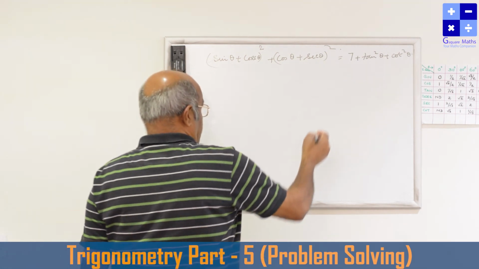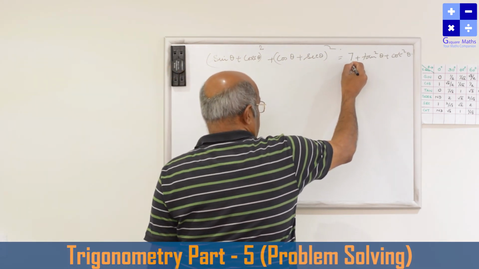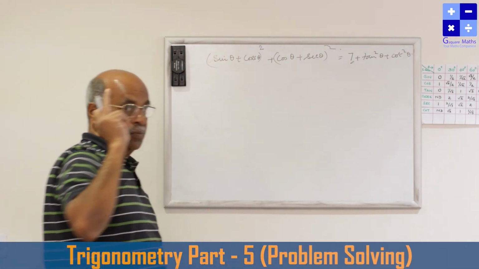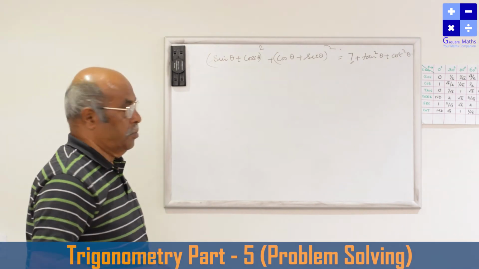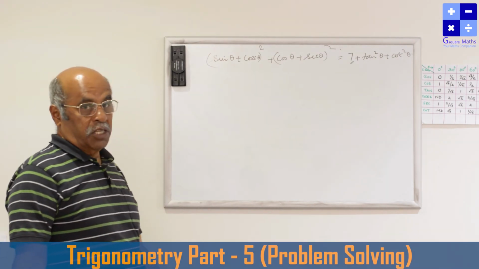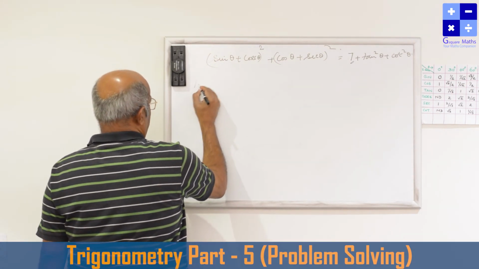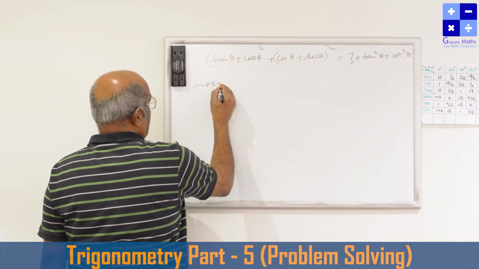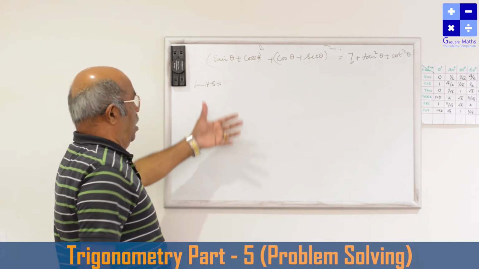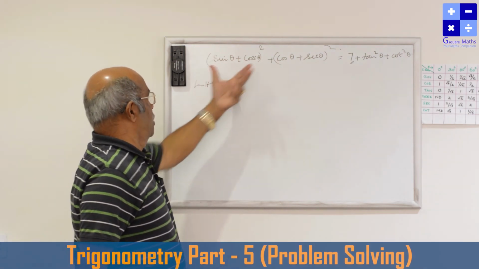Number 7 is there. How to bring that to number 7? We are having a lot of identities. Sin square theta plus cos square theta is 1. Just take the left hand side and square it.